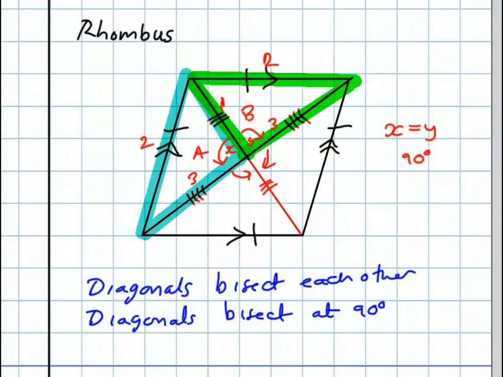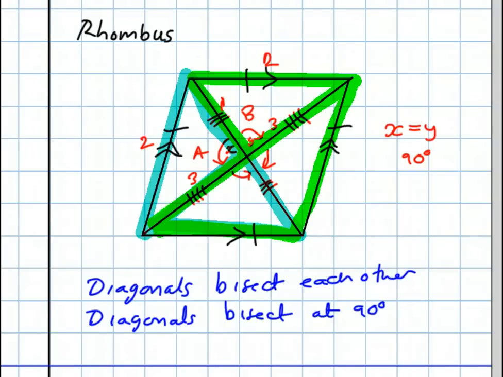Now, there's one other thing that might be in your mind. Can we show that the diagonals are the same length? Well, no. Look, I know this, if I look at the two triangles, this blue one here and this one here, yeah, they have two lengths in common, but I can't prove that this angle and this angle are the same.